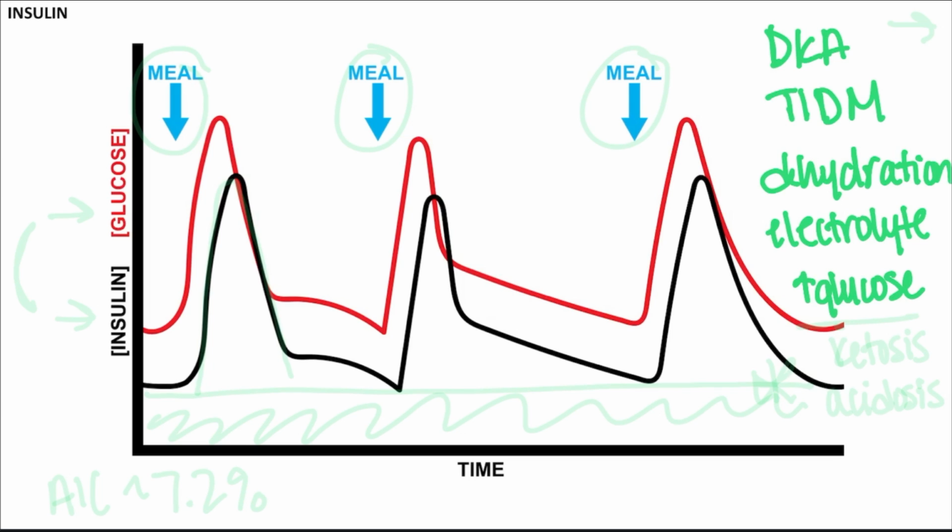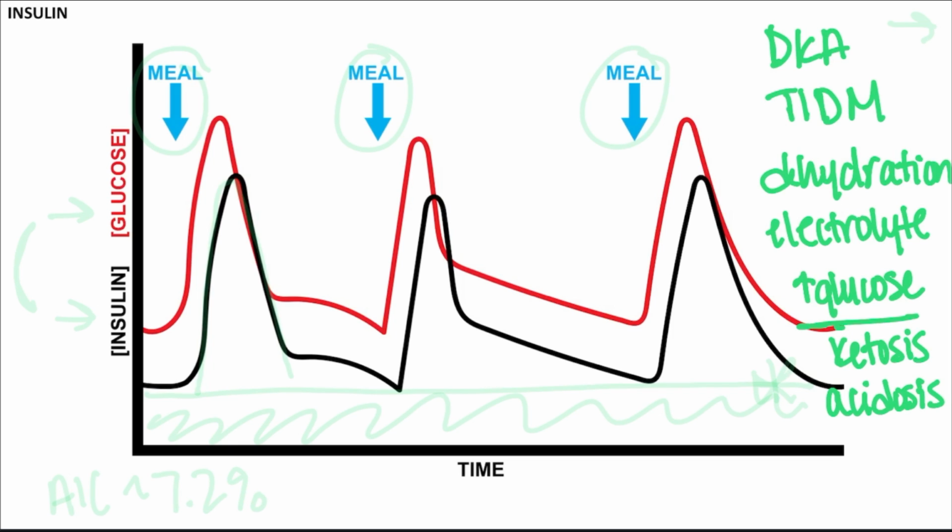So instead, the body signals as if it's in a starved or fasted state, leading to further hyperglycemia that still can't be used, ketosis, and metabolic acidosis.